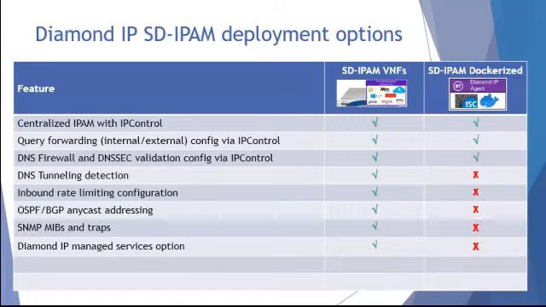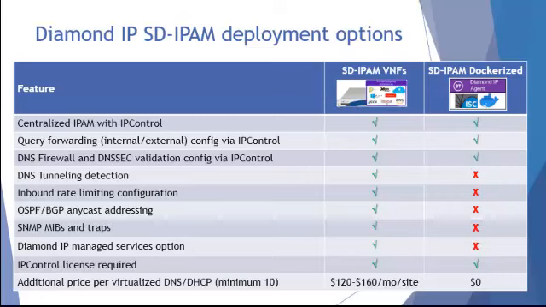Also with the managed service option, so we can basically manage and monitor the entire infrastructure, again available with the VNF option. Now in both cases you do require an IP control license so that you can centrally configure and manage these. We don't license by the number of DNS servers you have deployed, so that's certainly a good thing. And actually the additional price on top of the IP control license that you would have to purchase for the Dockerized version, it's free.